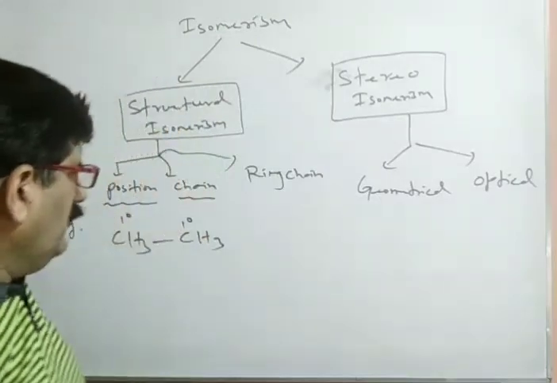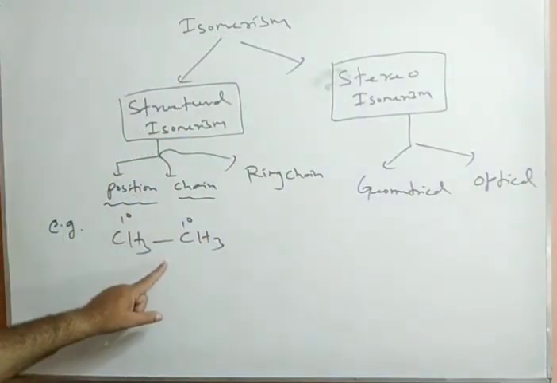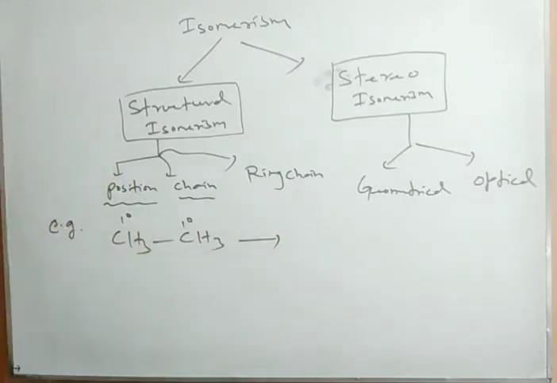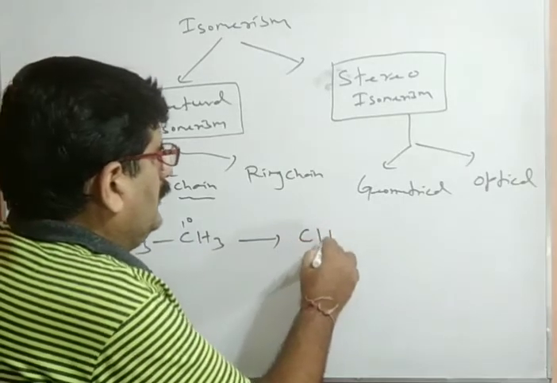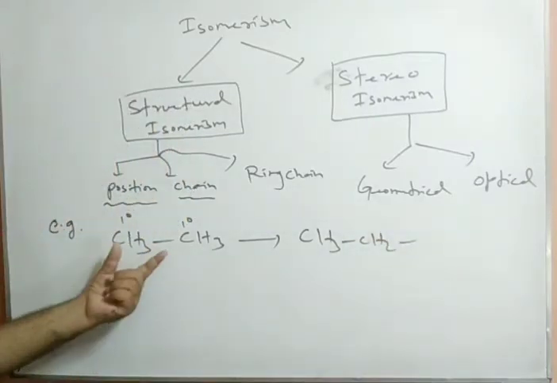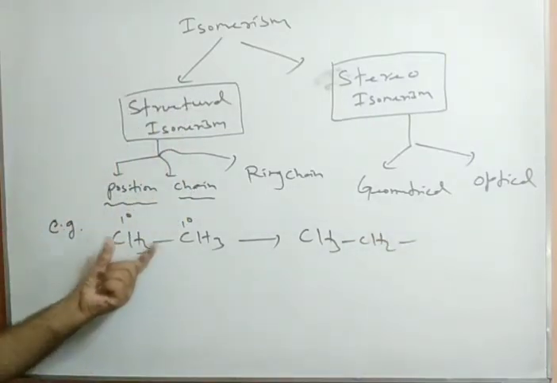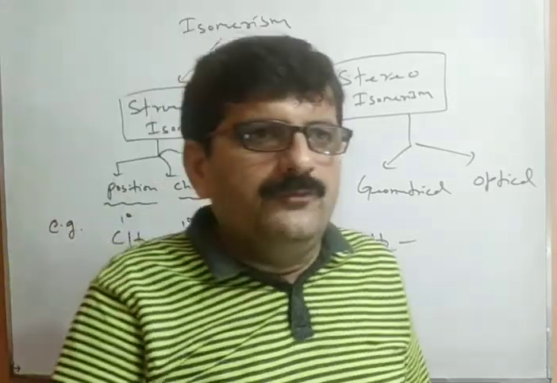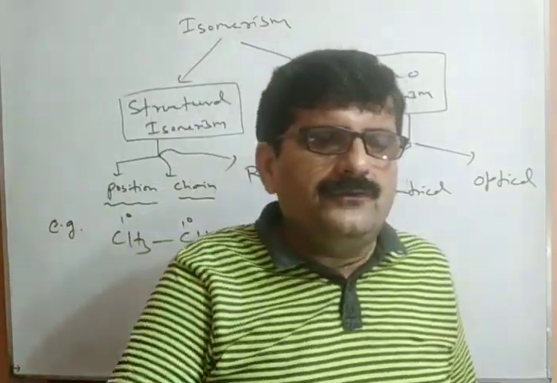So for ethane we can form only one alkyl group like this one, because only 1 degree is present. The number of degrees decides how many alkyl groups are present in such an alkane.